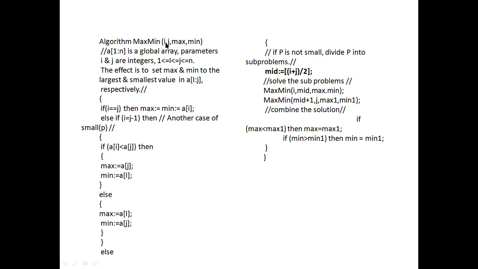So the values are available from the first index and the second index. That means you are given two values. So if i is equal to j minus 1, it says that you are given two values.